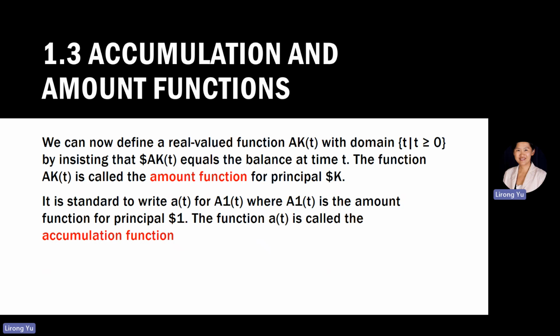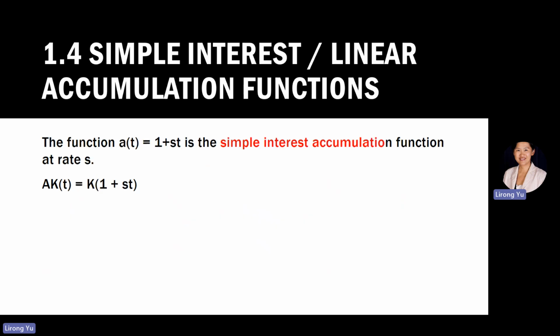In another way, we're saying A k t should equal k times lowercase a t if they are proportional. For the most part of the book, we're assuming they are proportional. In some special cases, we're assuming they're not proportional. All right, so that's the difference between the accumulation function and the amount function.